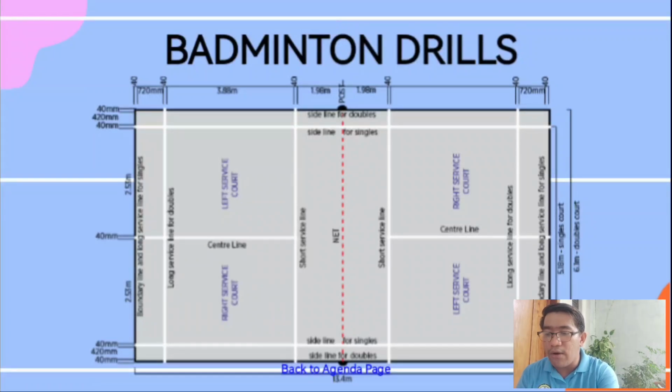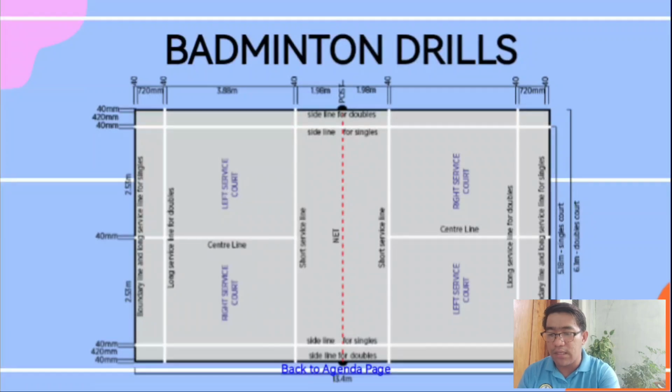And also it should be 420 millimeter. And also from the net, yung net natin side from the post is 1.98 meter. Okay, or it should be sideline for single or double line. It's the same for 40 millimeter. But the distance of the two of each should be 420 millimeter.